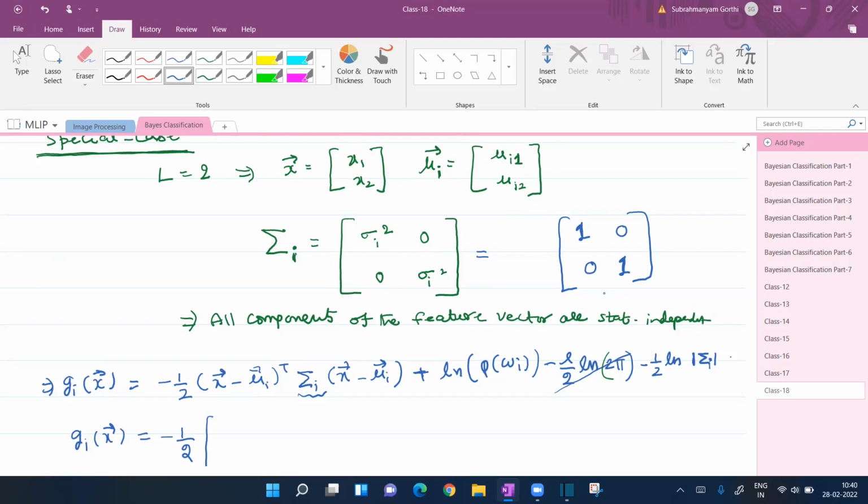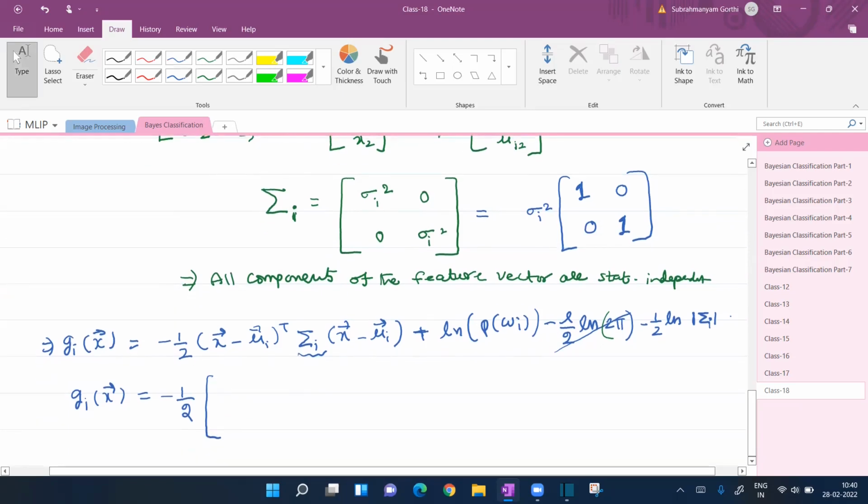Sigma i square. Yeah, sigma i square, that's all. If you substitute that matrix here and multiply with x bar minus mu i bar, you are left with just that multiplication factor of sigma i square, correct? That is all you are left with.